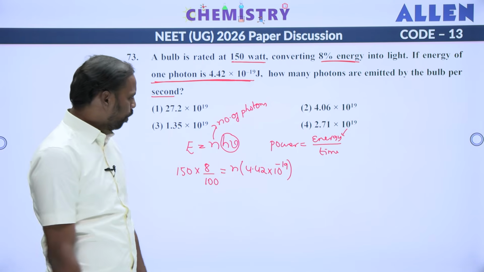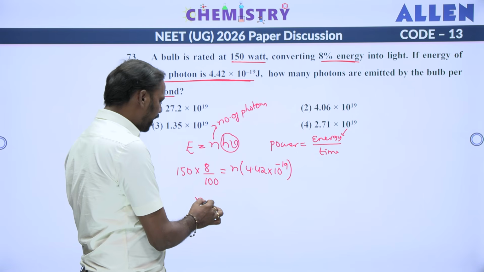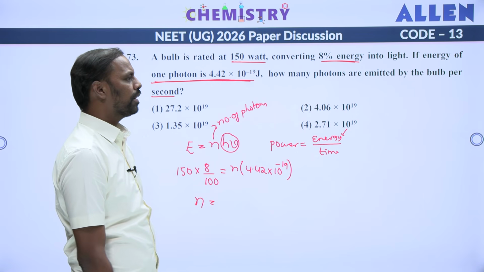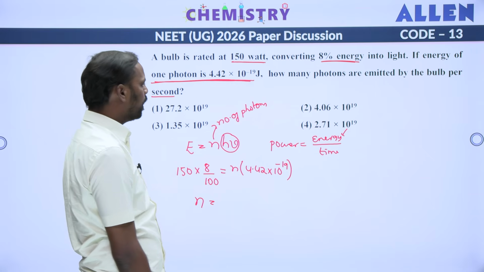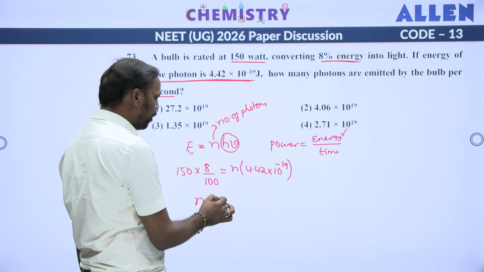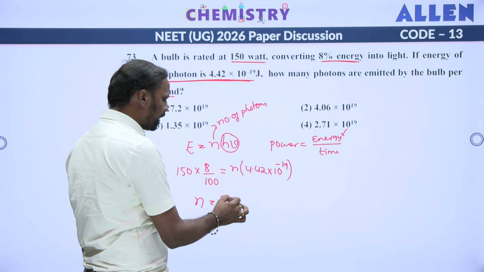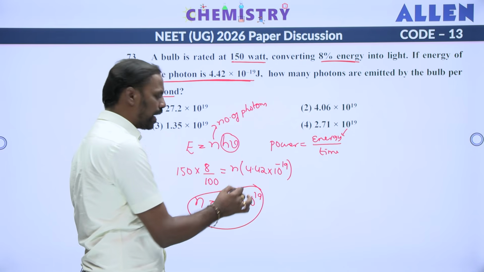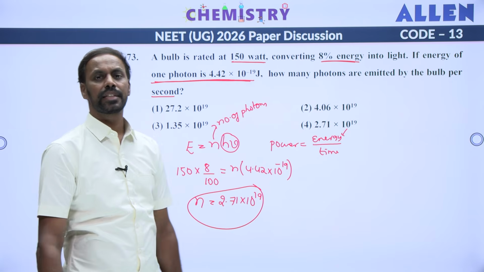Is it clear? So after solving this one, we can find out the number of photons. After solving this, we will get 2.71 into 10 to the power of 19. So this is the answer for question number 73.